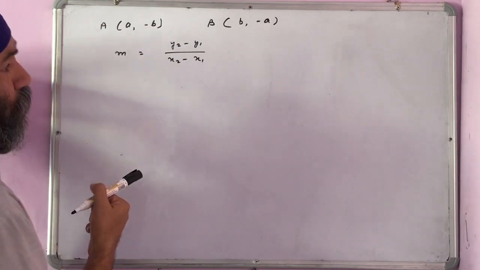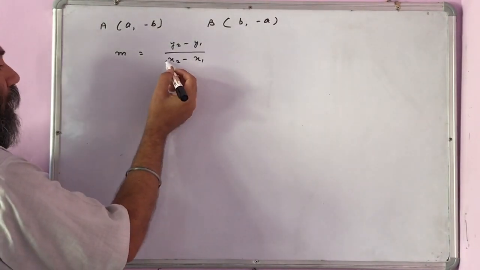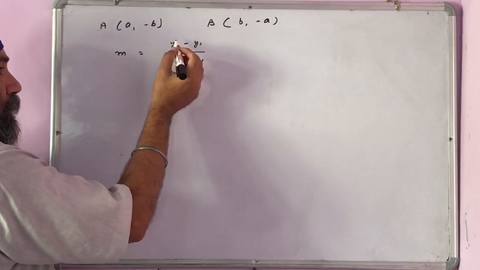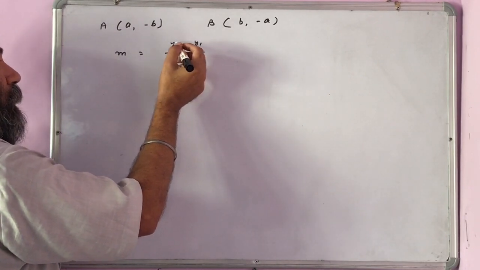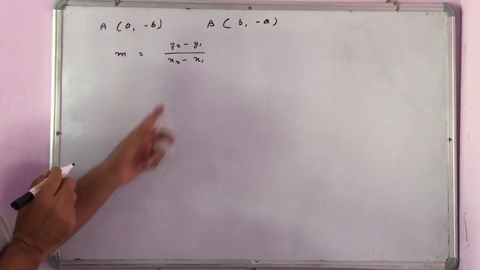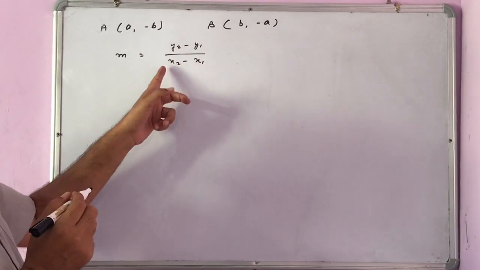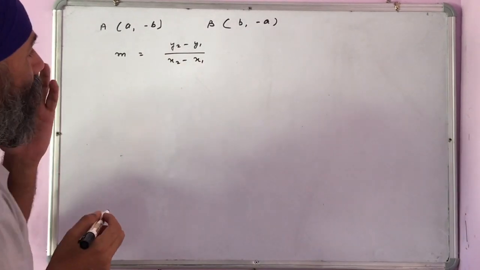When I told you the formula, I had written it wrongly. I wrote x2 minus x1 in the numerator and this in the denominator. But the actual formula is y2 minus y1 upon x2 minus x1.